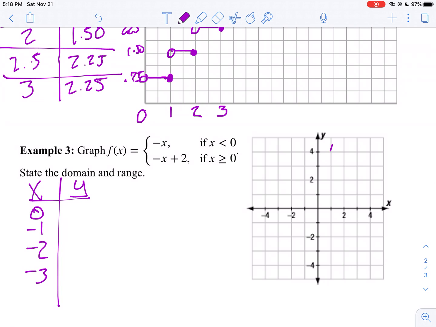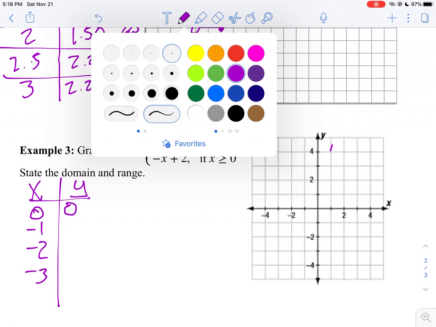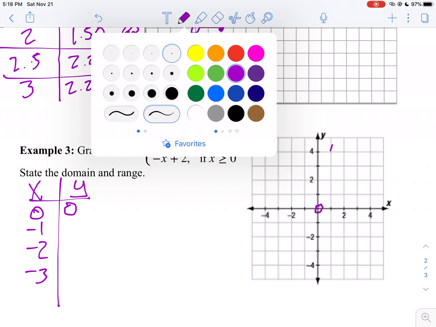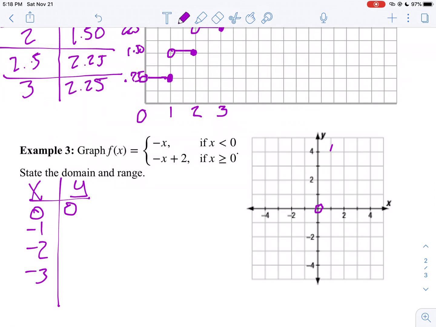And kind of like your step function, you're not including this point in your graph. So I'm going to put an open circle here on 0. That's kind of hard to see, so I'm going to go a little bit up. Okay, what's the opposite of -1? Well, that's 1. The opposite of -2 is 2. The opposite of -3 is 3.